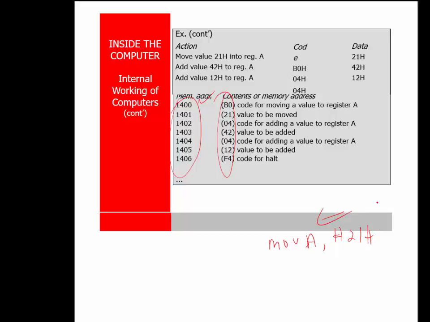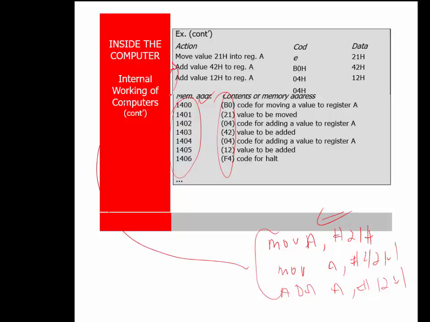Remember, your data goes this way. Move into A the number sign 42 hex. Add a number 12 hex. These are the instructions that we would write today.